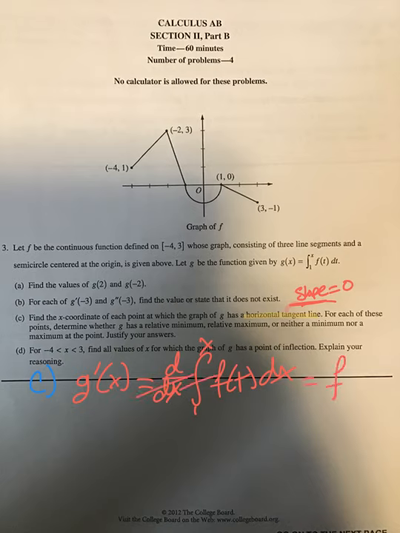So really the derivative is just f of x, and I got to take f of x and set it equal to 0. Well, what's f of x? F of x is our graph. We just got to figure out when does the graph equal 0. Well, this occurs only at 2 points, right? At x equals -1 and x equals 1.